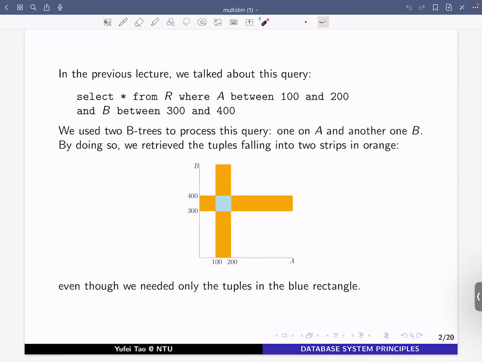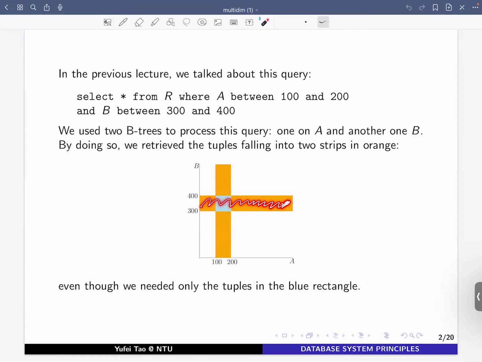I don't know if you still remember this, but in the previous lecture, we talked about one strategy to use two B trees to process this query. Okay, we had a B tree on A, and we had another one on B, and then we used the first B tree to retrieve all the tuple IDs in this orange rectangle, and then we use the other B tree to retrieve all the tuple IDs.